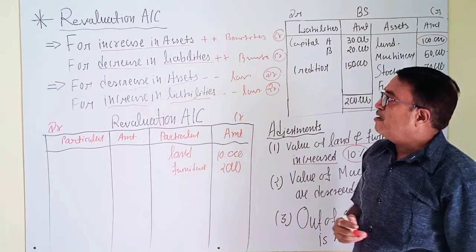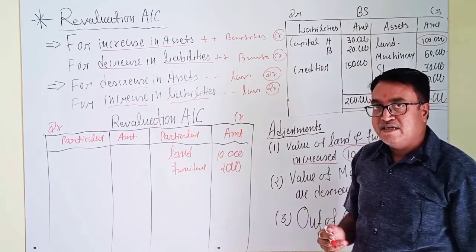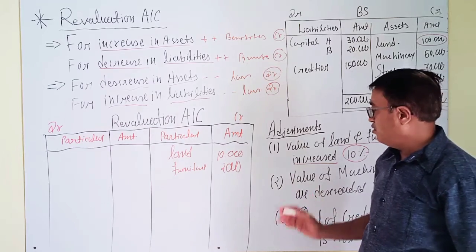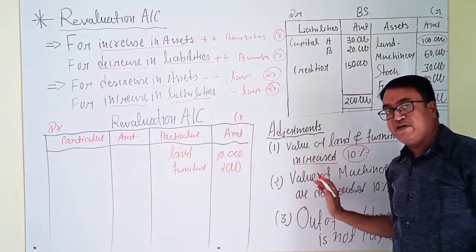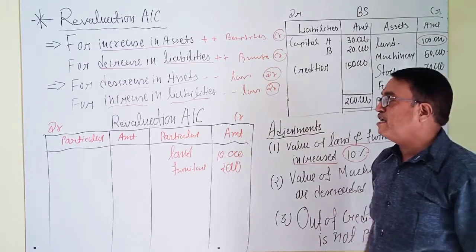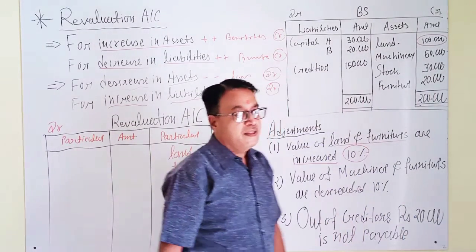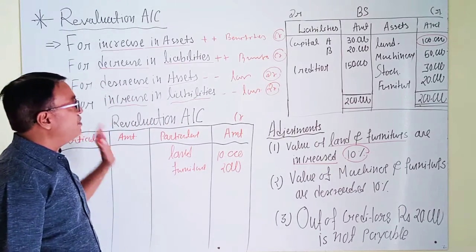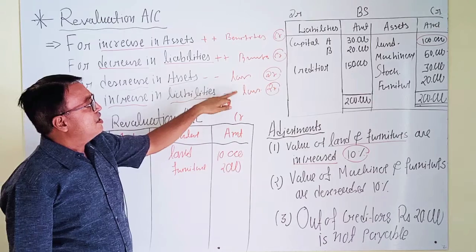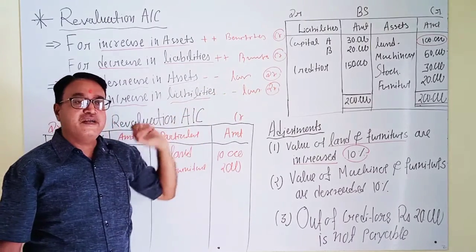With the rules you can understand, and without the rules you can also understand. If the valuation of any asset decreases, it means our loss, and any type of loss is recorded on the debit side. Here you can see both losses are recorded on the debit side.